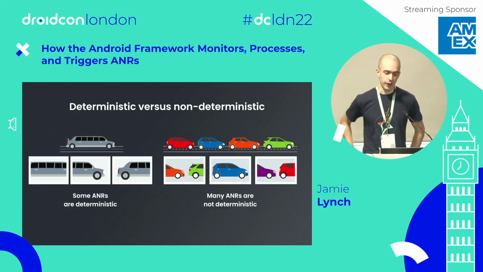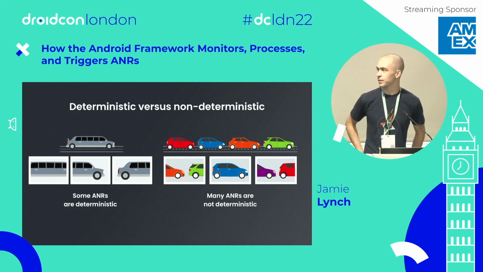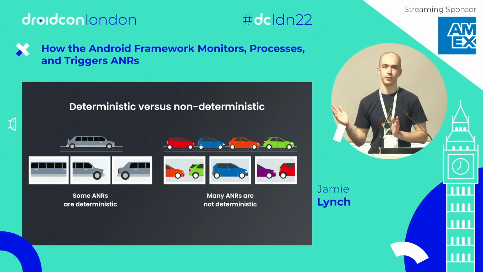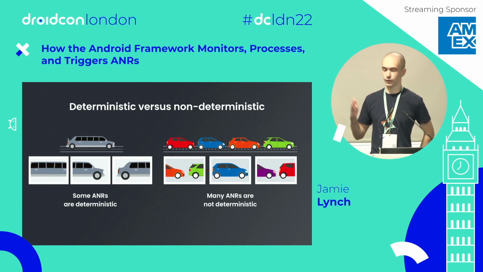That's not always the case with ANRs. We've tried to illustrate it with cars here. If you're lucky, you might get an ANR where the main thread is paused for like 20 seconds, or you've got a deadlock where two threads are waiting on each other. In that case, the stack trace that Google gives you is pretty useful. You can identify what the ANR was.